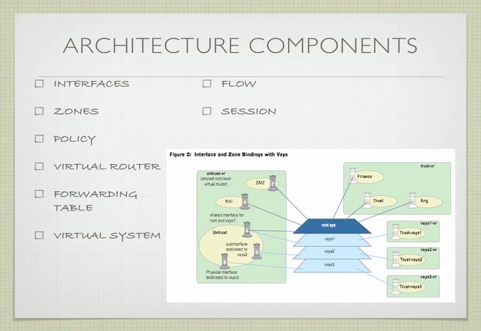So for instance, on the left-hand side here, we have our Untrust VR virtual router inside our root vSys. Inside of that virtual router, we have 3 zones: DMZ, Mail, and Untrust, and each of those castles represents an interface that is in that zone.